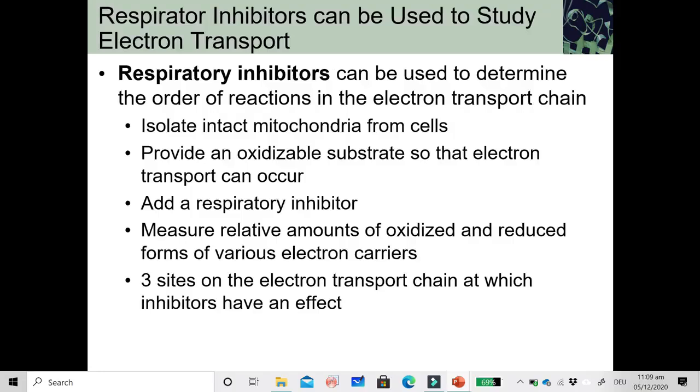All right. Now, how did they study the electron transfer chain?